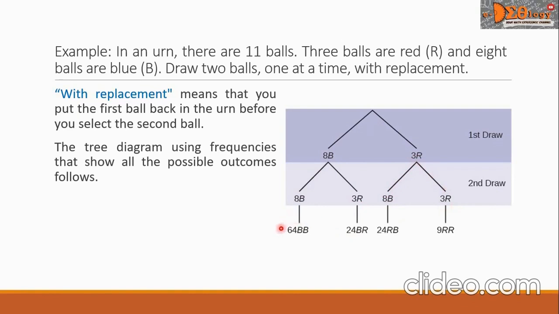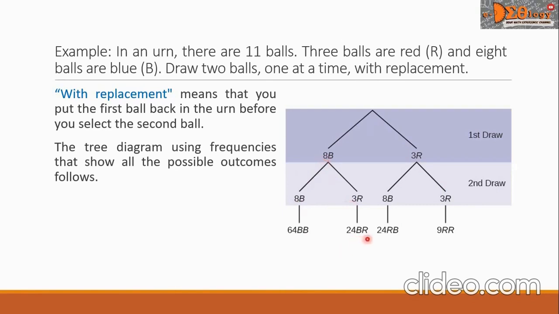Now, regarding the number here, this is 64 BB. This means the 64 comes from the product of this 8 and that 8. And this BB means the first draw is a blue ball and the second draw is also a blue ball. Here we can see 24 BR. The 24 comes from the product of these 3 and 8.